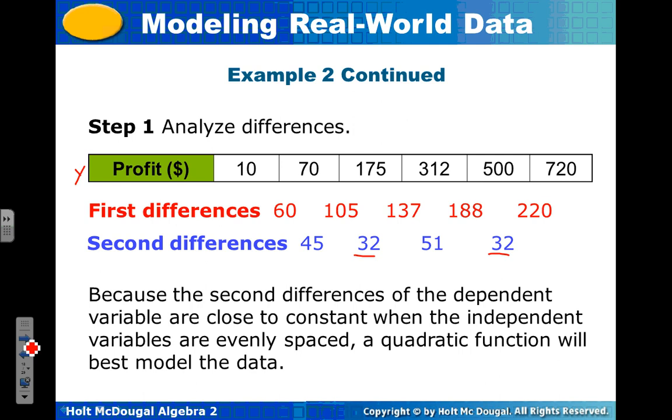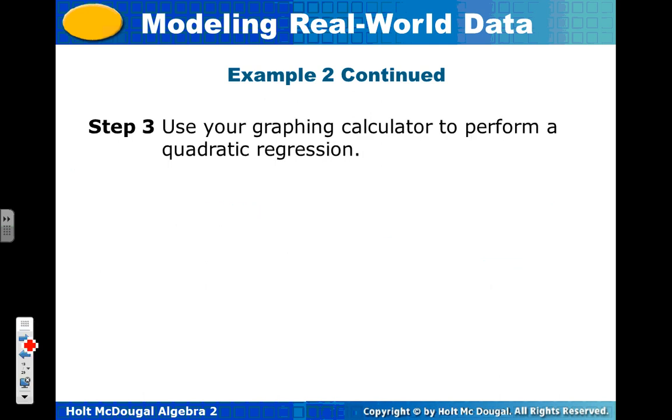So the ratio would not be constant. So it's definitely not exponential. Remember, when we looked at the scatter plot, it was either exponential or quadratic. So we're going to call it quadratic because the second differences are similar. They're closely spaced. So now we're going to use our calculator to perform quadratic regression.